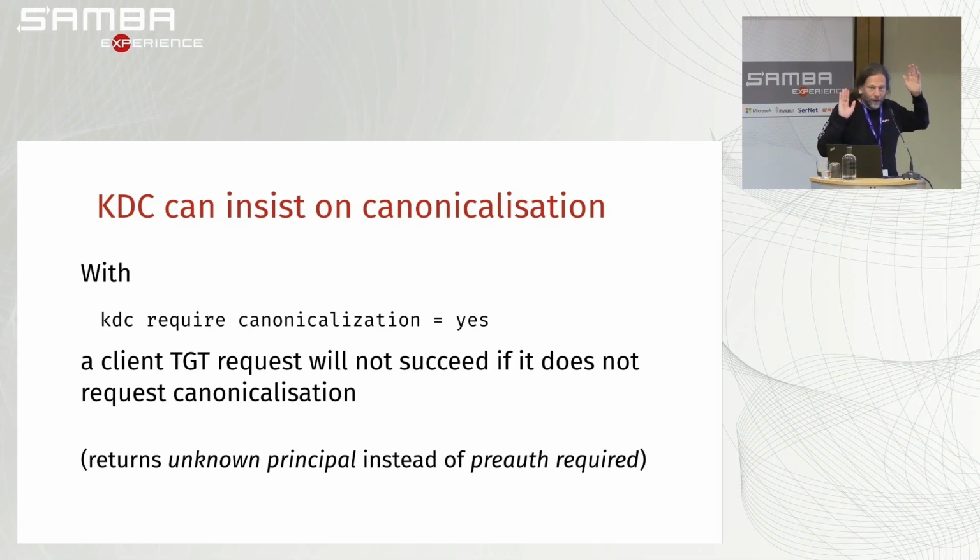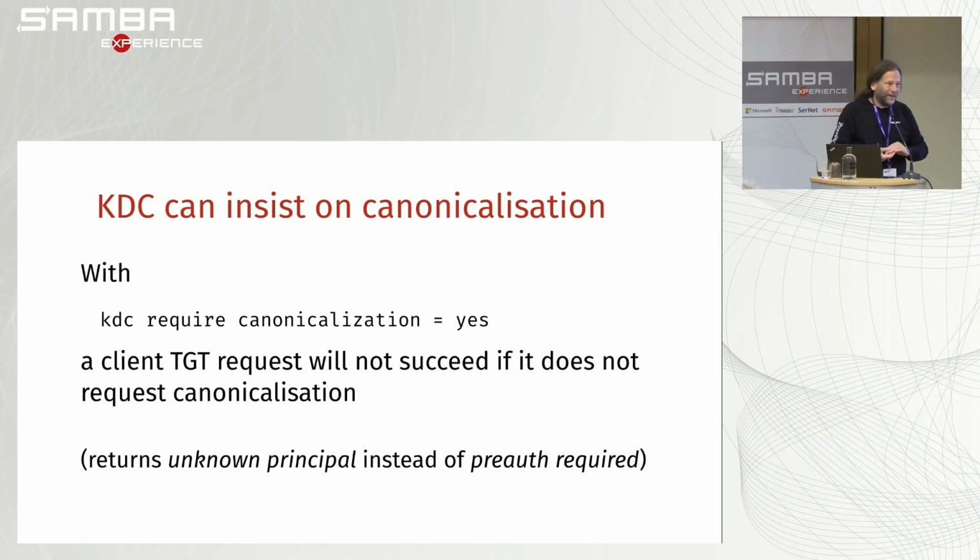So, but if you put this option in your smb.conf, if you don't ask for canonicalization, if the client doesn't, or somebody along the line doesn't do it for you, then it'll just say, never heard of that.